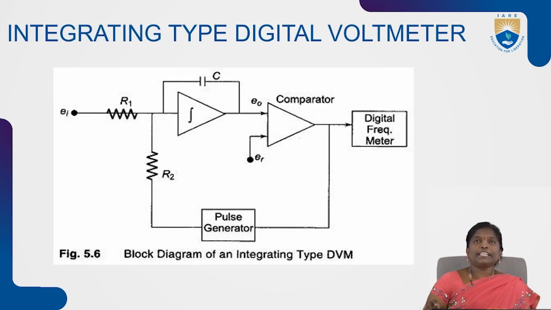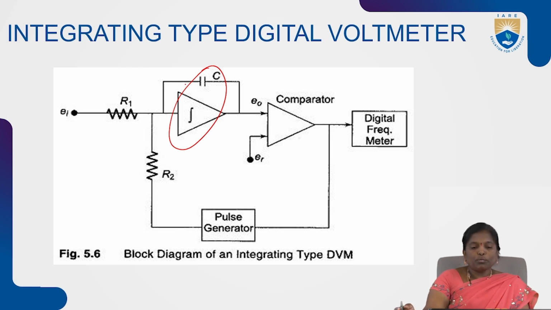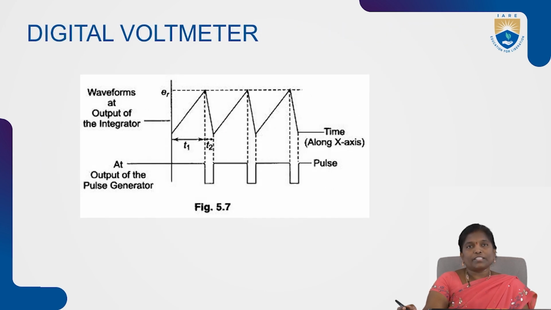Here is the integrating type of digital voltmeter. In this, with the help of the integrator, we are increasing the input voltage, and then we always compare the input voltage with the reference voltage, and finally we can measure the digital frequency.